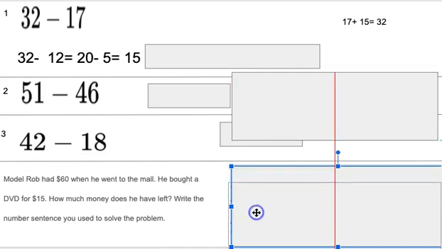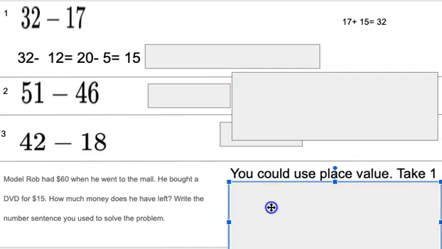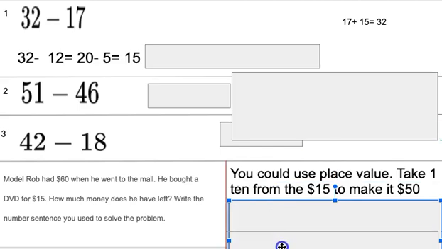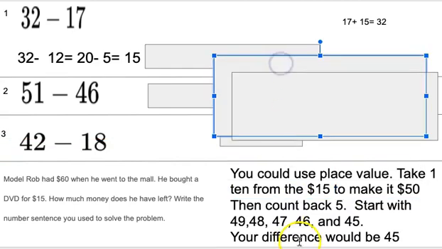Let's see. So I'll show you what I did. So what I did was I went back to something that I just feel better doing, and I used the place value. So I took one of the 10s from the 15, because there's 1 ten in 15, to make it $50. And then I counted back 5.